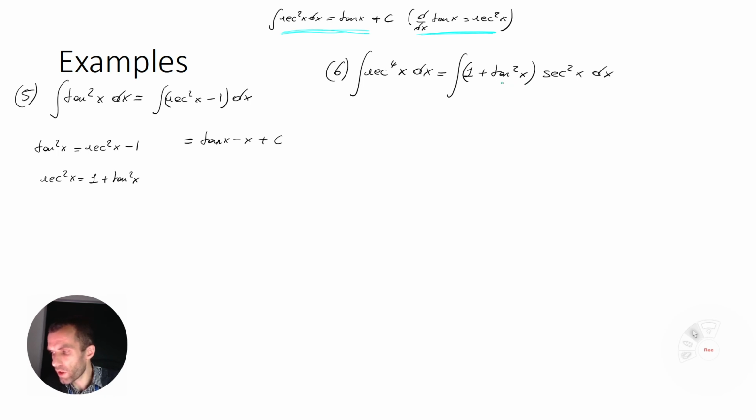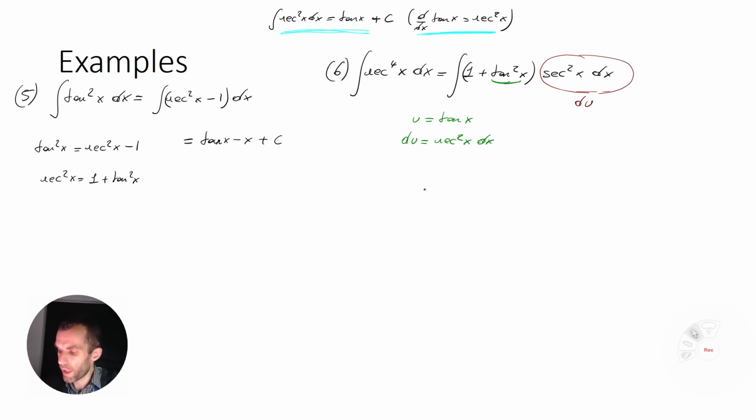And this turns out to be indeed the case, because now what you can do is substitute tan of x for u. So write u equal to tan of x. And then you have du is the derivative of that, so secant squared x dx. And you have precisely that secant squared x dx here. So this will combine to du.